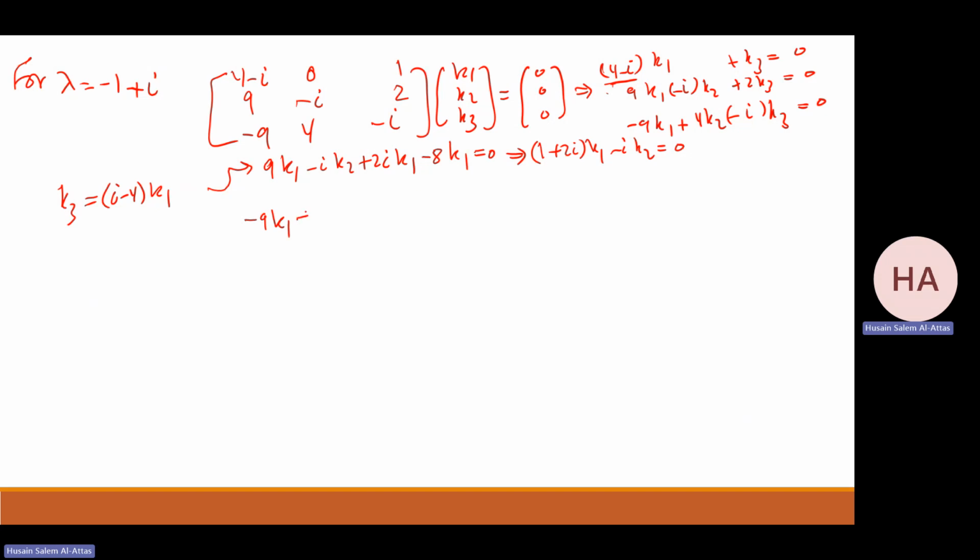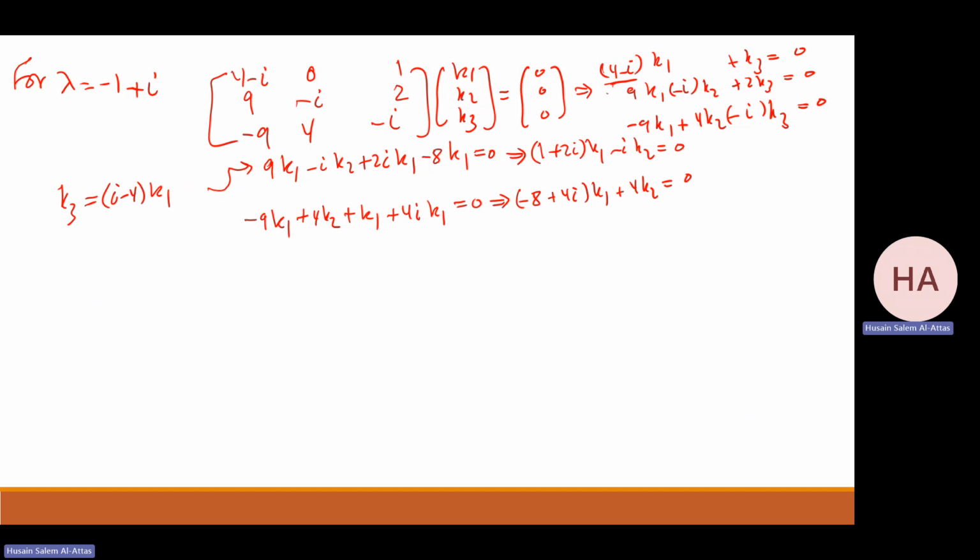Plus 4K2 minus iK3 minus i times i, that will be plus K1, minus i times 4 plus 4iK1 equals 0. So what we have? 8 or 4 minus 8 plus 4iK1 plus 4K2 equals 0.